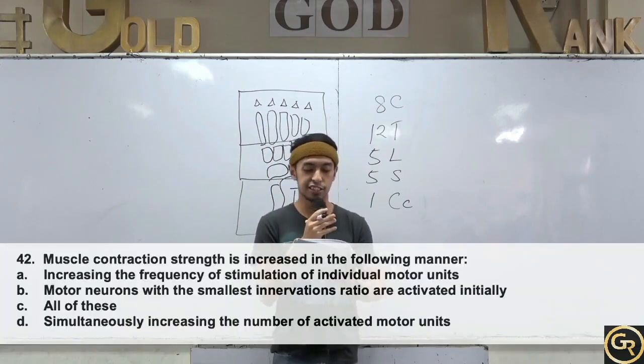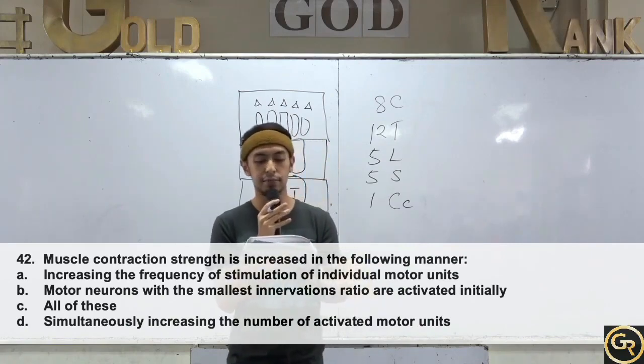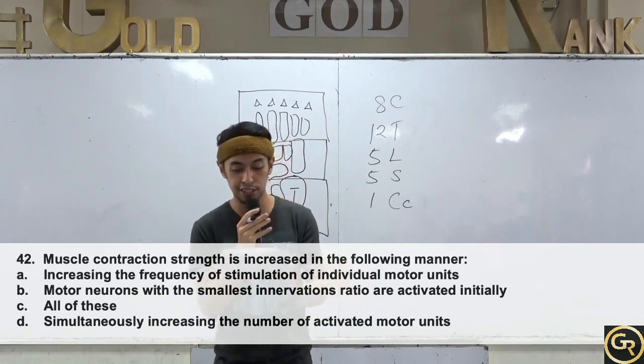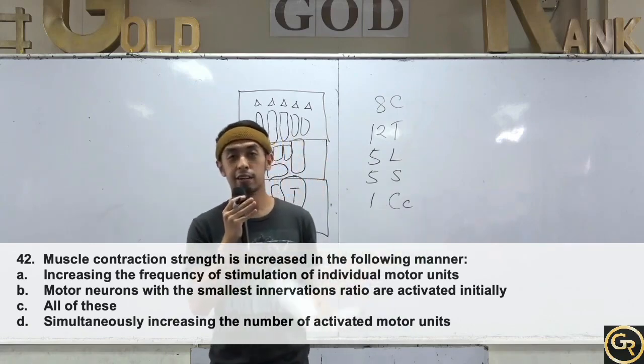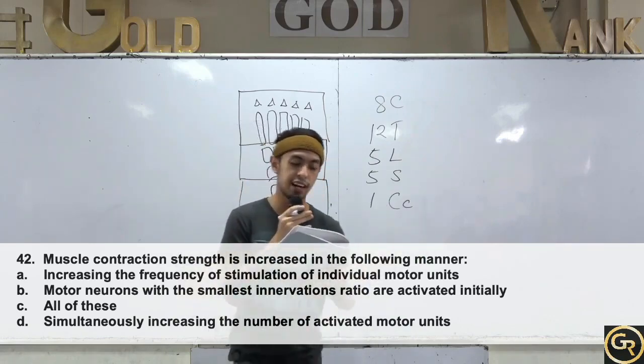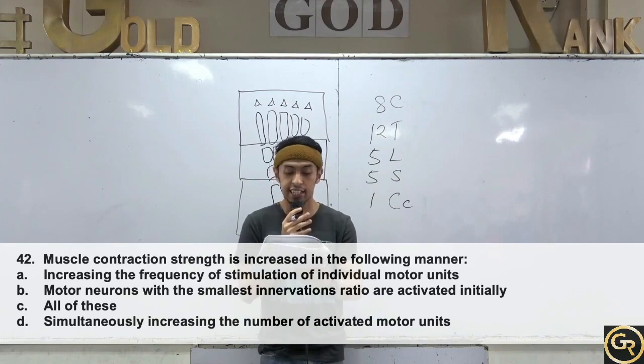42, muscle contraction strength is increased in the following manner. Let's check. Increasing the frequency of stimulation of individual motor units. Yes. If there is increased stimulation frequency, that would cause an increase of muscle contraction. Motor neurons with the smallest innervation ratio are activated initially. Yes.